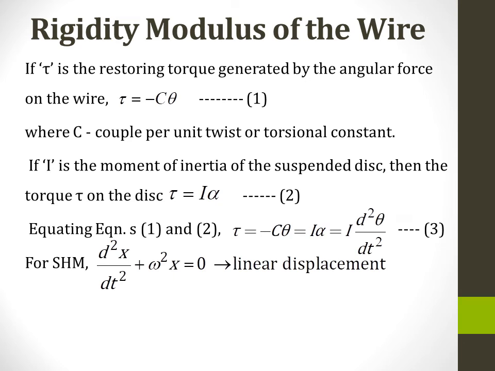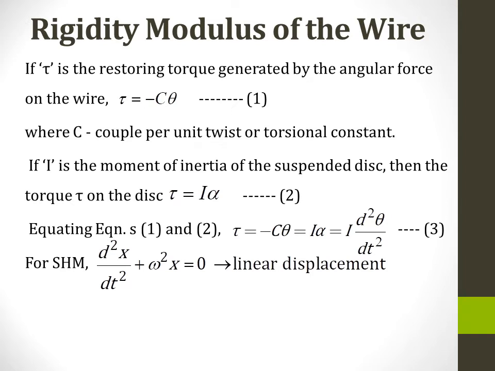For simple harmonic motion, which you would have studied earlier, the differential equation is given by d square x by dt square plus omega square x equal to 0, where omega stands for the angular velocity and x stands for the linear displacement.